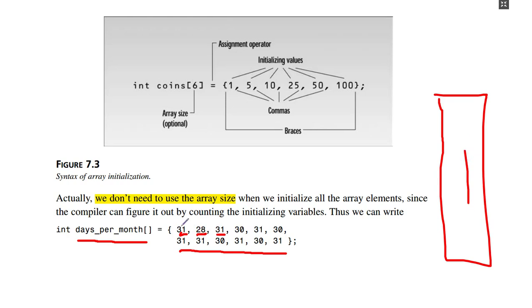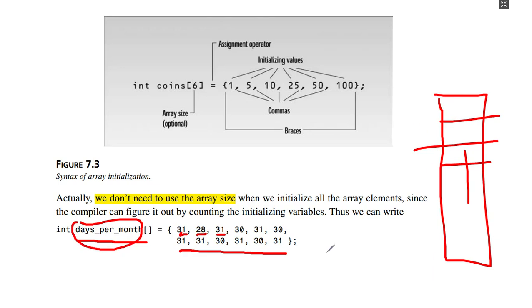Since there are 12 elements, there would be 12 locations reserved in the memory. These numbers would be stored in those locations, and the name of this array would simply be days per month. So the first location would be days per month index 0, the next location would be days per month index 1, and so on.